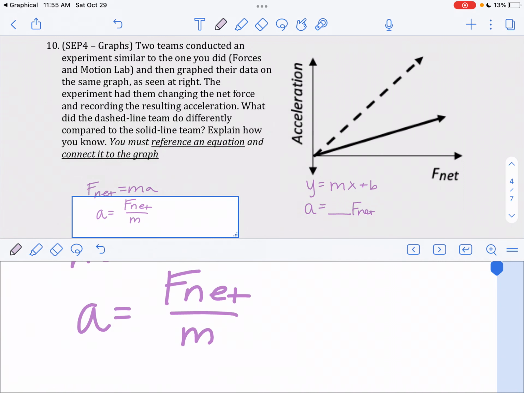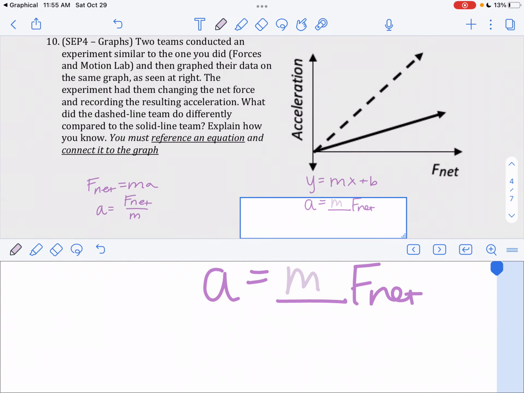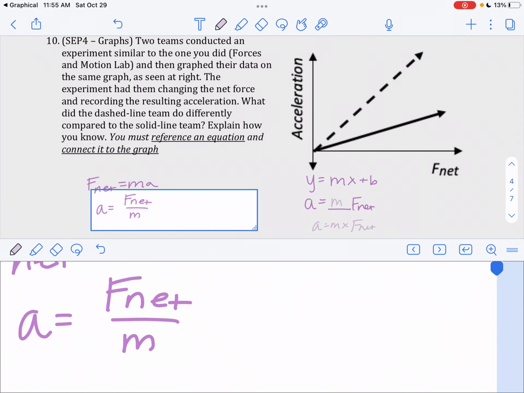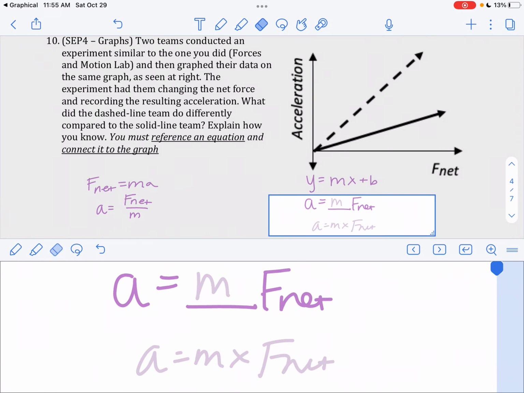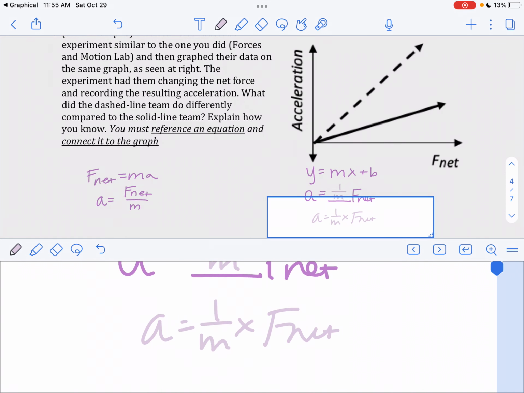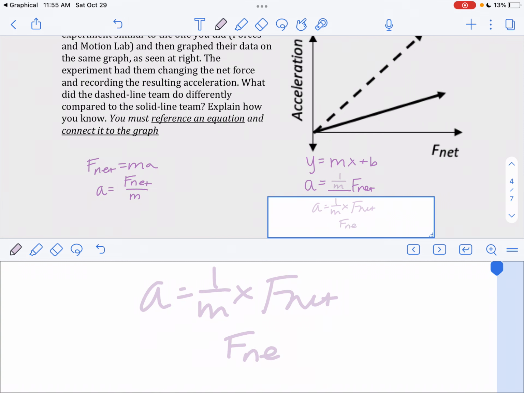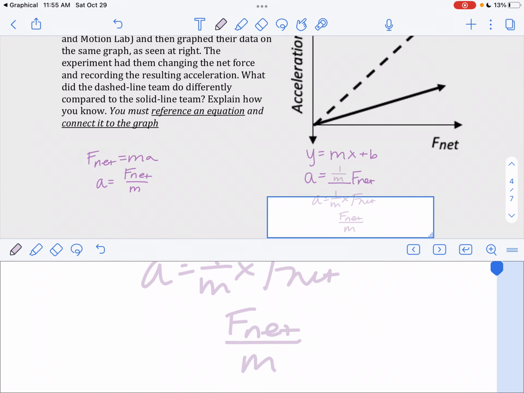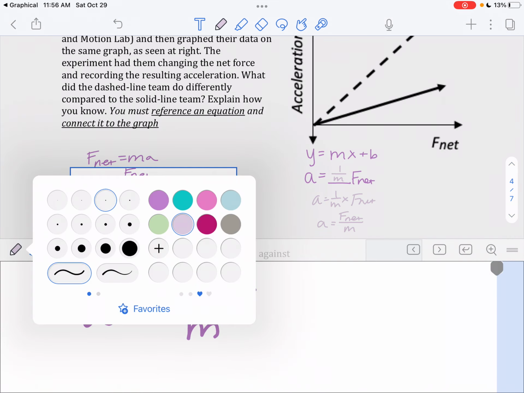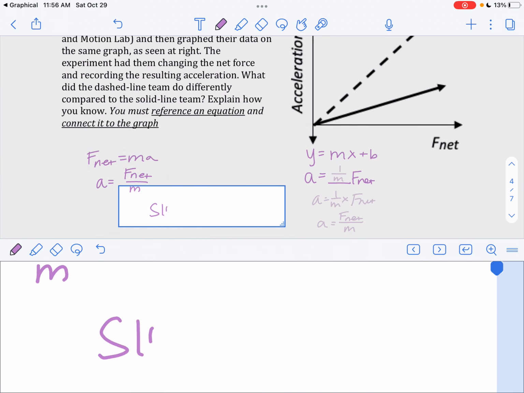So if I plug in m, I would get a equals mass times FNet, which is not the same thing as this. So it can't be mass. I would need 1 over mass. And that does work because that simplifies to FNet over m, which is exactly what I have right here. And so that's what my slope is. My slope is 1 over mass.